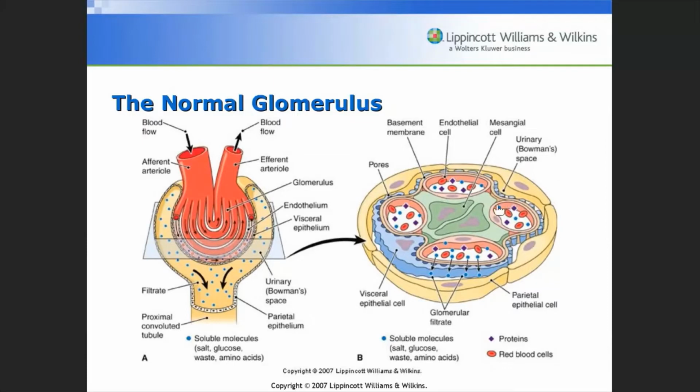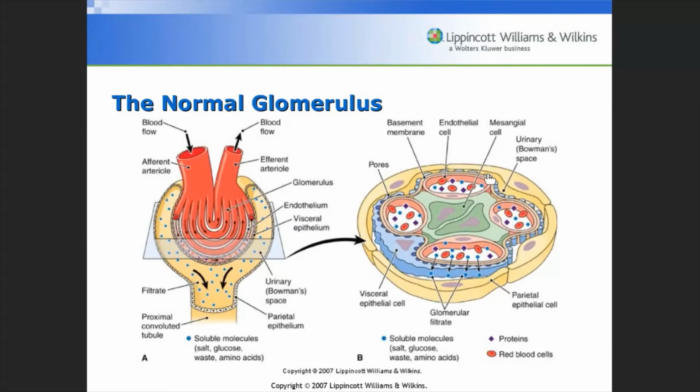Right? If you take a capillary here, inside you have your red blood cells and your protein, and a question in the future might be what constitutes the filtration membrane. The filtration membrane has three important parts: the endothelial layer of the capillary, the basement membrane, and the visceral layer of the Bowman's capsule.